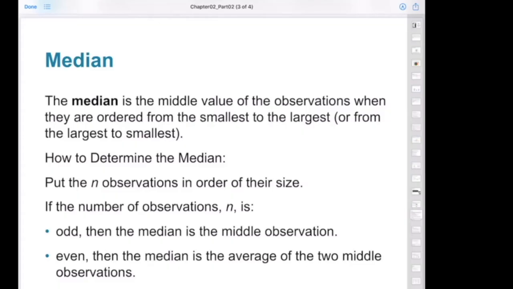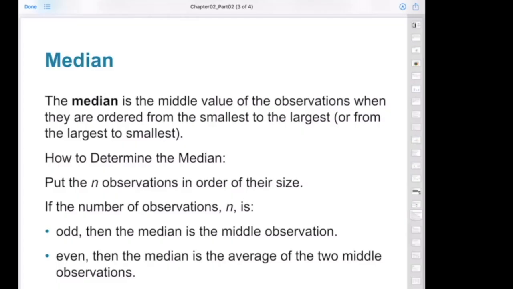Of course, here we have two cases. The first case, if the number of data is odd, like 9, 7, 11, okay? We have an odd number. This is the number of data. So in this case, you will have just one number in the middle, right?